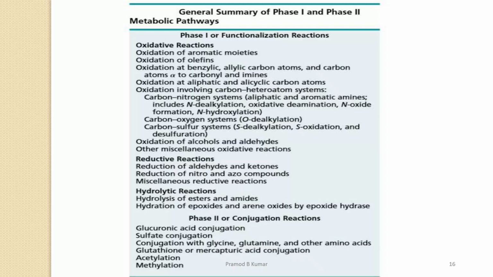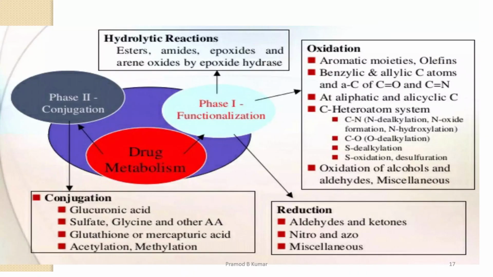Phase 2 or conjugation reactions are glucuronic acid conjugation, sulfate conjugation, conjugation with glycine, glutamine and other amino acids, glutathione or mercapturic acid conjugation, acetylation and methylation. These are the processes involved in phase 1 and phase 2 biotransformation.